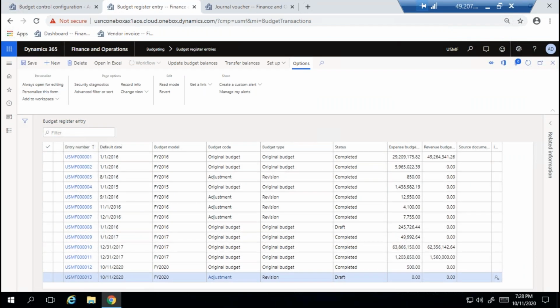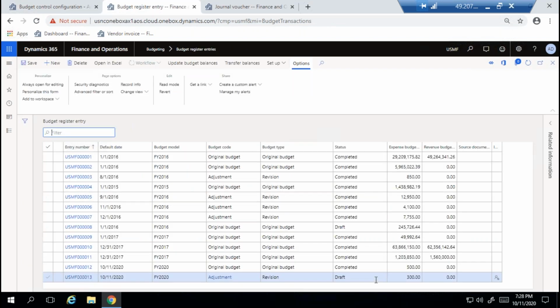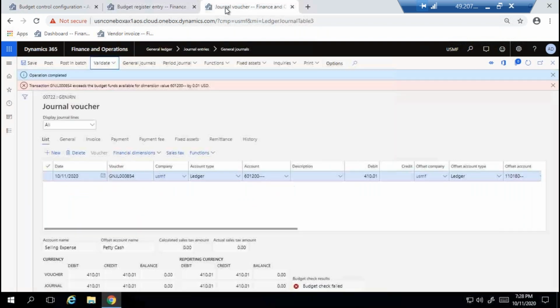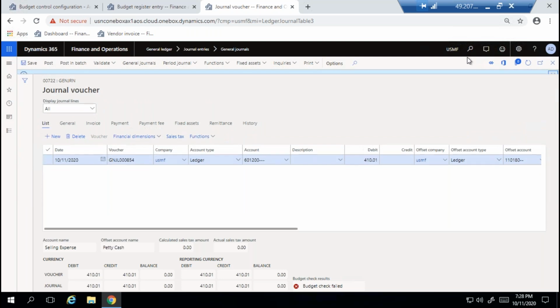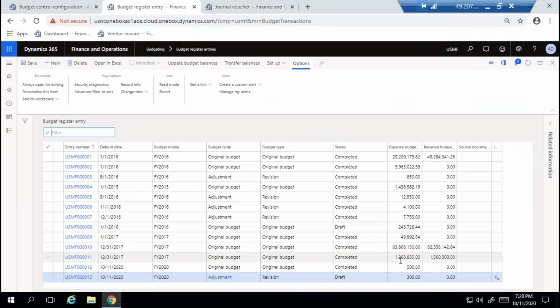It is entered only. So whether you want this draft calculation also in the budget control or not, usually I don't prefer. The reason is, after this, whenever I am posting, it will allow me up to 800: 500 plus 300 is 800. Because the original budget I have entered is 500, and the revision budget I have entered is 300, which is in the draft mode.